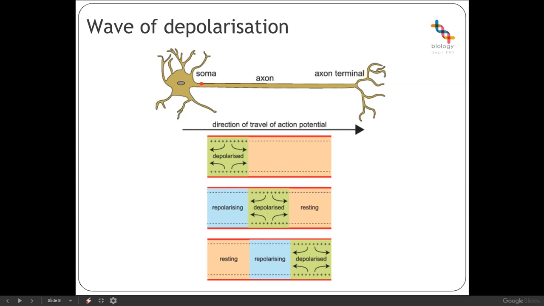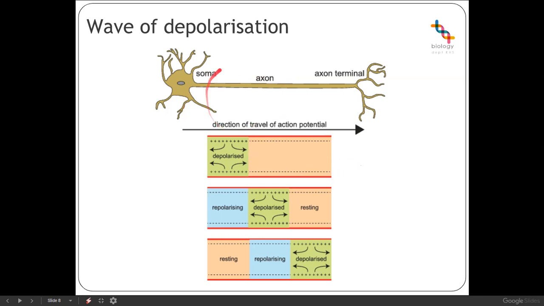So if we're looking at this section of plasma membrane, if it's been stimulated and we've gone through this cycle of depolarization and repolarization, that's caused the next section to do the same thing, and the next section, and so on, until we're managing to move this action potential all the way along the membrane.